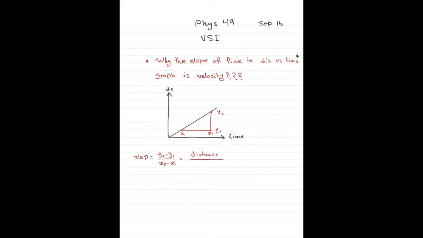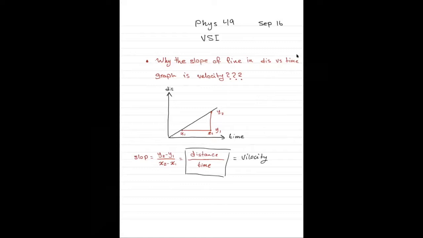And the difference between two points on the x-axis will be time, because our x-axis represents time. But when we look at this equation that we got from the slope, we go, oh, this looks familiar. This is our equation for velocity.